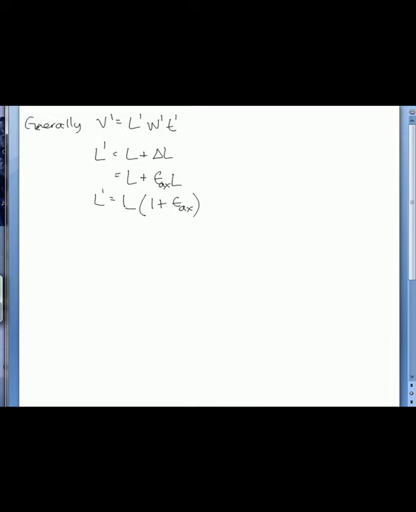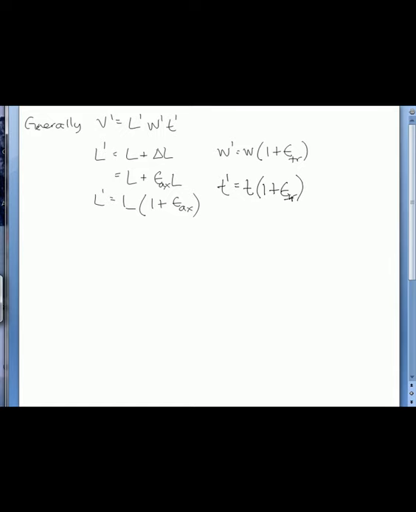By this same argument, we can say that the new width is the width times 1 plus the transverse strain, and the new thickness is the original thickness times 1 plus also the transverse strain.